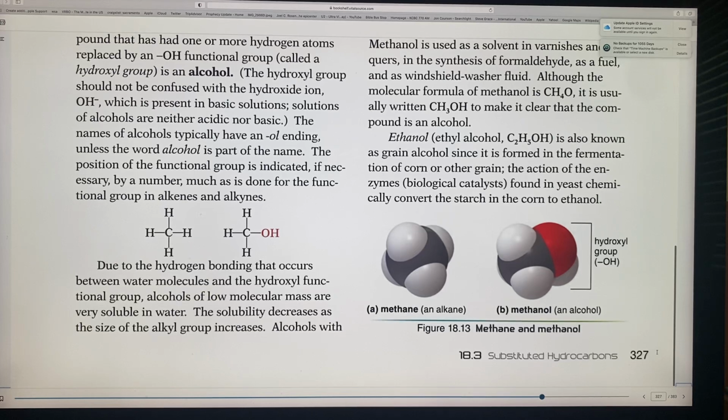Now we're going to talk about ethanol. Ethanol is grain alcohol, and it's made by the fermentation of corn or other grains, through the action of enzymes usually found in yeast, chemically converting the starch into ethanol. So when you think of grain ethanol, what are you thinking of?